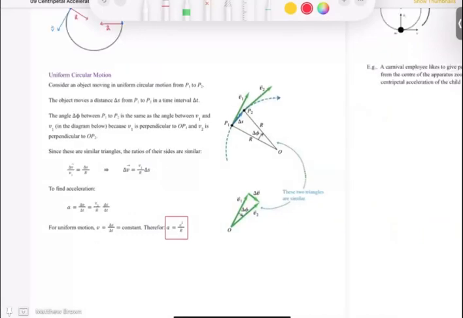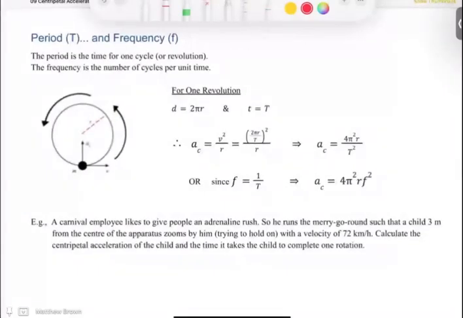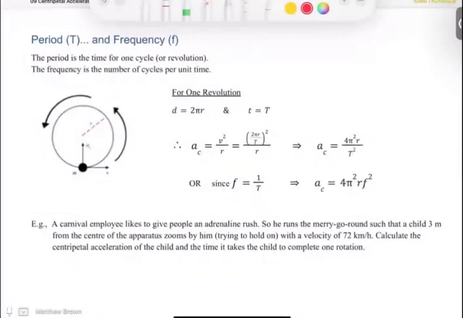The other thing we might want to know is the period or frequency of something like this. So again, we're mainly dealing with objects that are in uniform circular motion. So they're going around at a constant velocity. The radius is the same. It's going in a circle. So we define the period as the time it takes for one cycle or revolution, if it's going around in a circle.